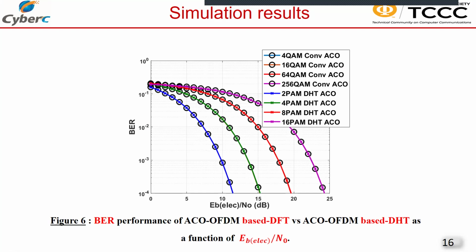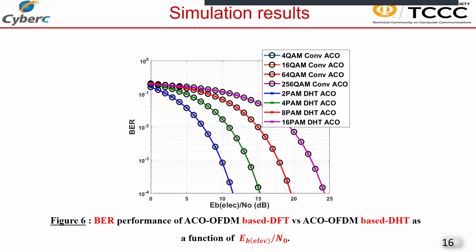Also, for any pulse amplitude modulation size with the discrete Hartley transform ACO-OFDM technique, we observe similar performances as the conventional M-square quadrature amplitude modulation ACO-OFDM. As the spectral efficiency of M-PAM constellation is equal to M-square QAM constellation using Hermitian symmetry, it is clear that the transmitted M-PAM or M-square QAM signals experience similar levels of noise impact.